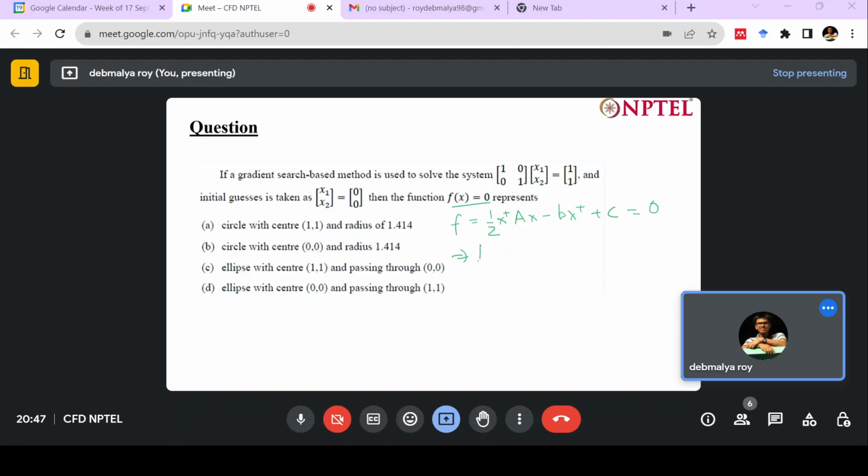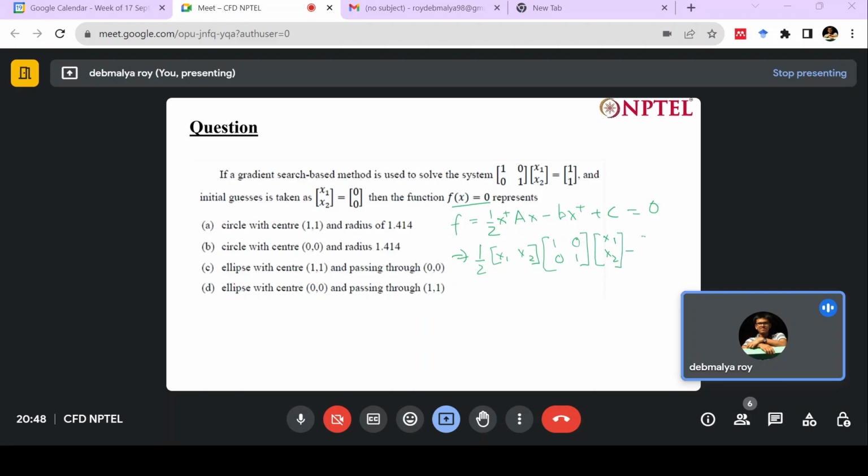So this is half, x transpose is x1 x2, and this is 1 0 0 1. This is the identity matrix, so that will be very easy for our calculation.